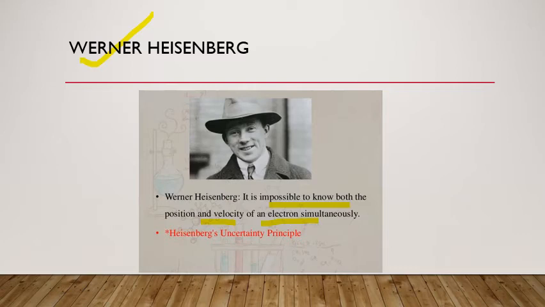Similarly, if the velocity of the electron is known precisely, the position will be uncertain. The exact picture can never be clear. We cannot determine both position and velocity of an electron simultaneously.